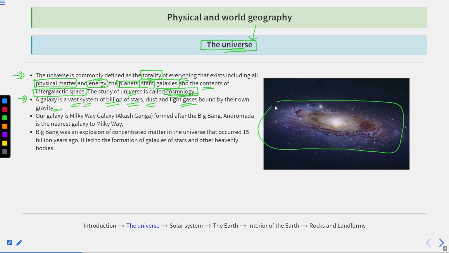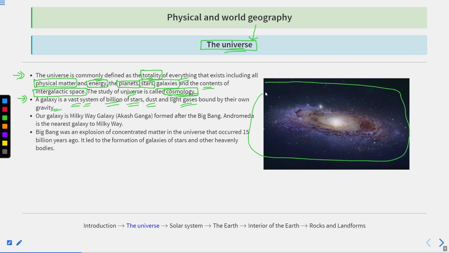Here you can see this is the center of the galaxy, which has a good amount of gravity that is attracting all the things towards it. That's how the galaxy works. And what you are seeing is the vast system of billions of stars, dust, and light gases.